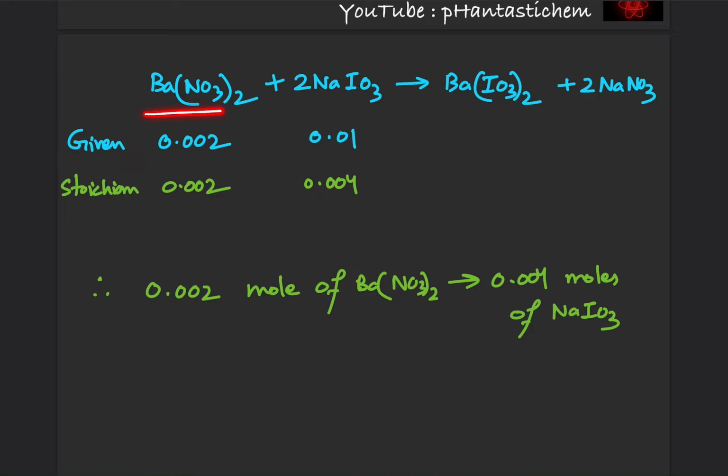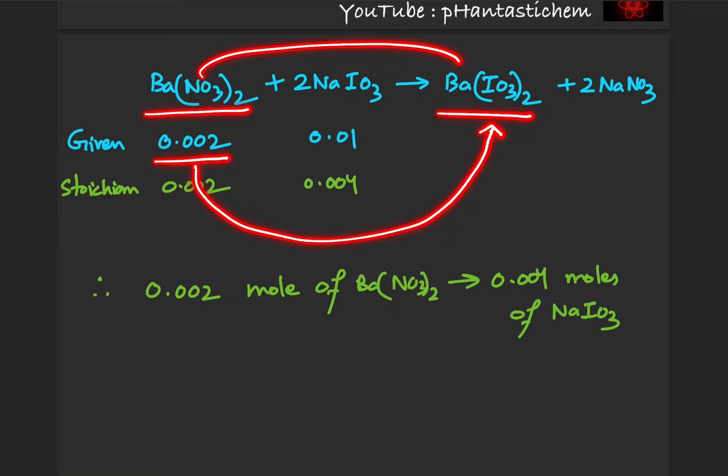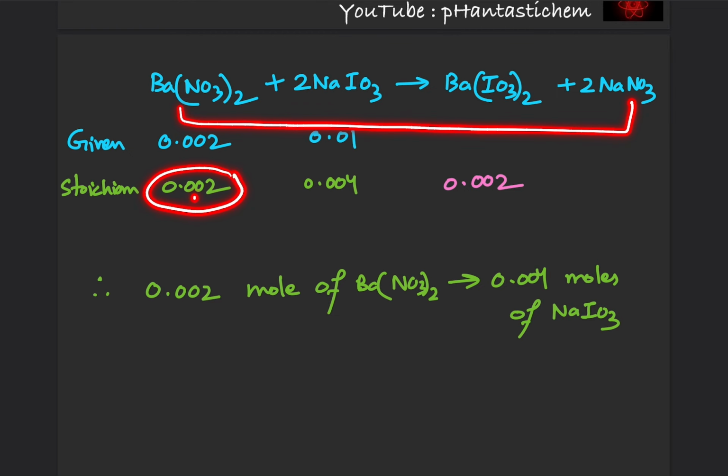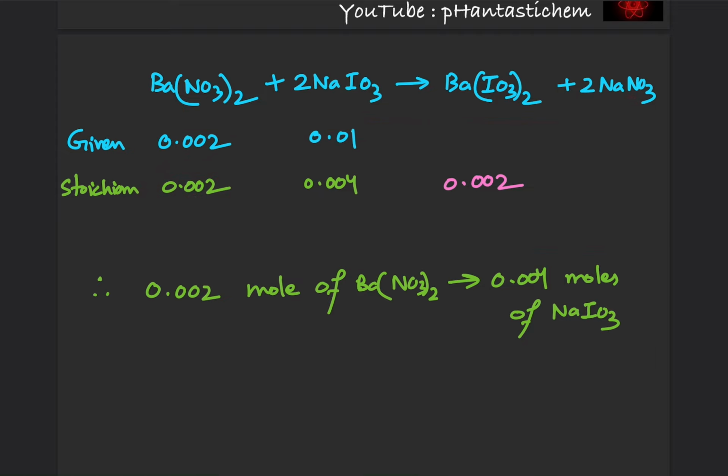And 1 mole of Ba(NO3)2 produces 1 mole of Ba(IO3)2. So 0.002 moles of Ba(NO3)2 will produce 0.002 moles of Ba(IO3)2. Again, 1 mole of Ba(NO3)2 produces 2 moles of NaNO3, so 0.002 moles will produce the double amount, 0.004.